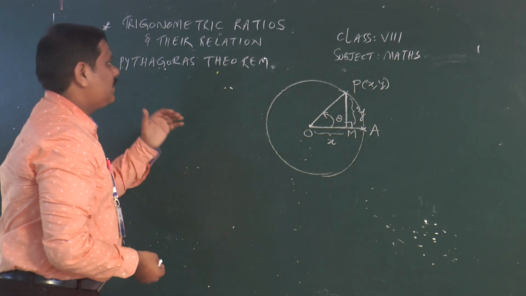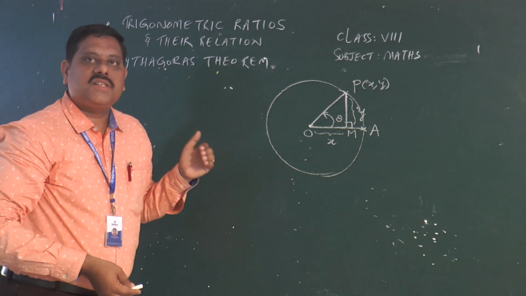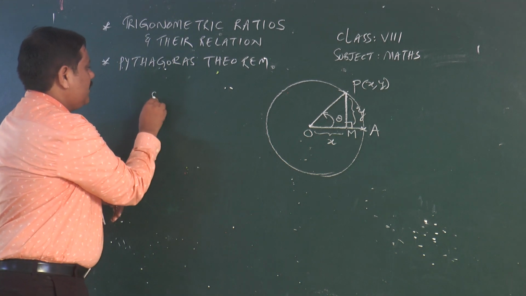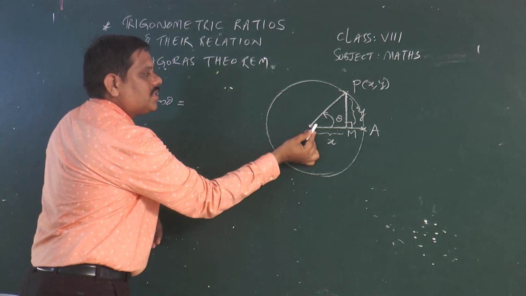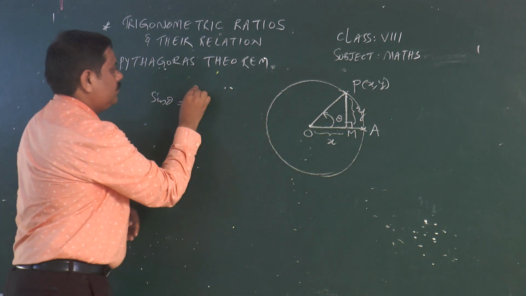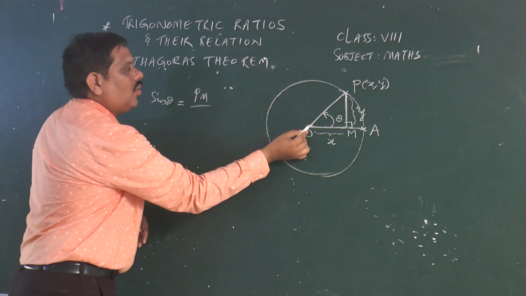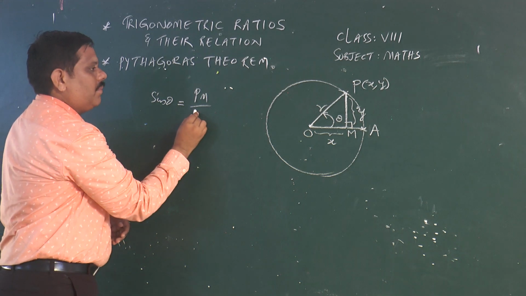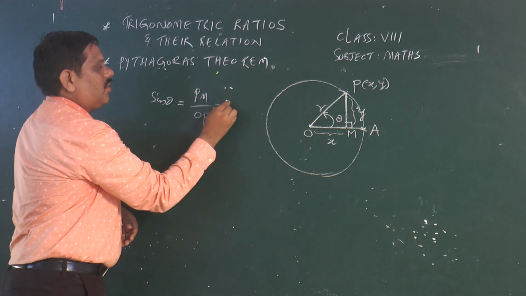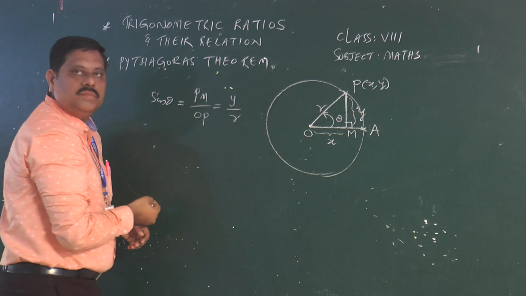Now, as per the definition of sine theta, that is the first trigonometric ratio, sine theta is given as the opposite side to theta, that is PM, upon OP, nothing but the radius of the circle. So PM by OP, that is otherwise y upon r.